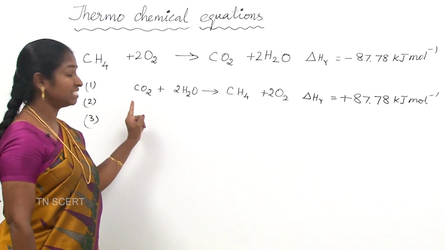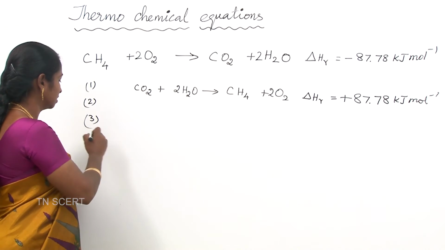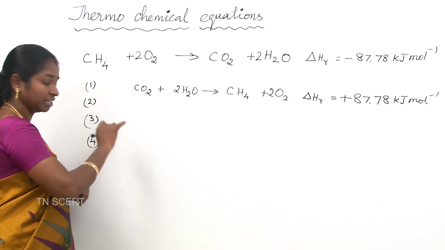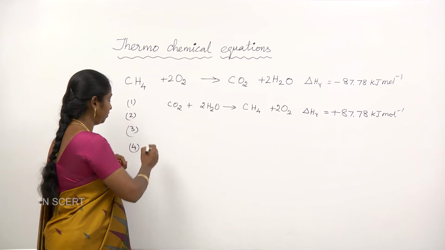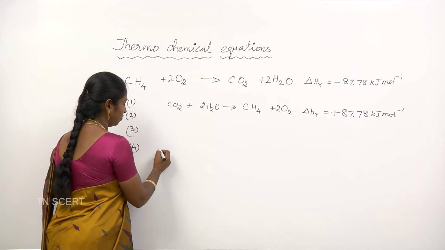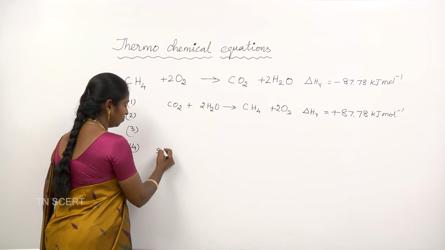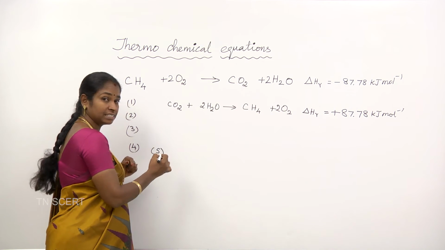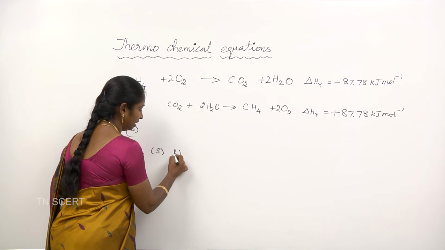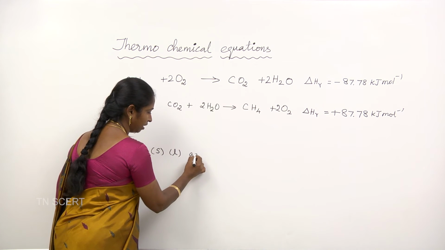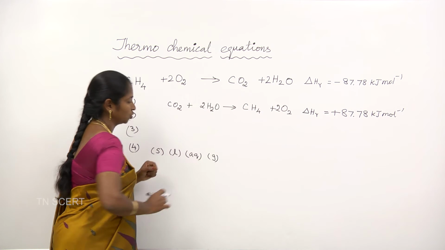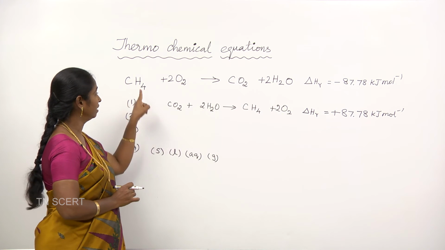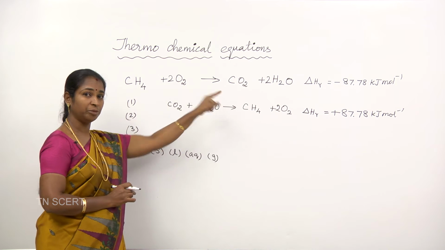Then the physical state of the substances, the physical state of the reactants and products, should be specified in brackets. Say for example, for solid the letter should be S, for liquid L, for aqueous AQ, and for gases G should be given in the bracket near the reactants and products.